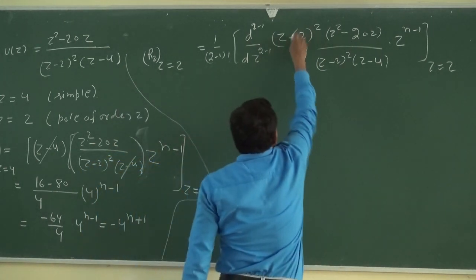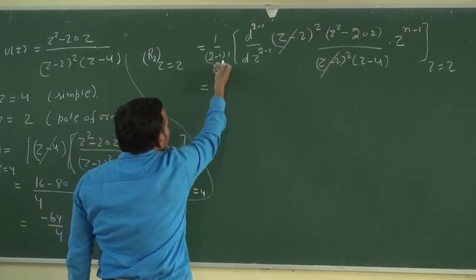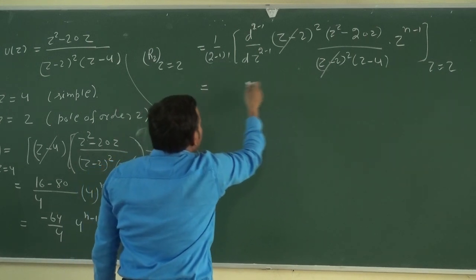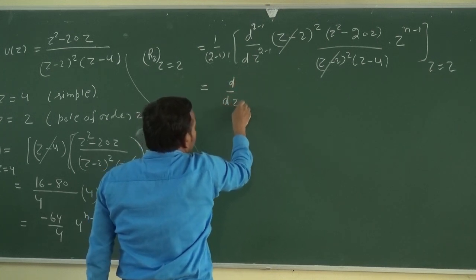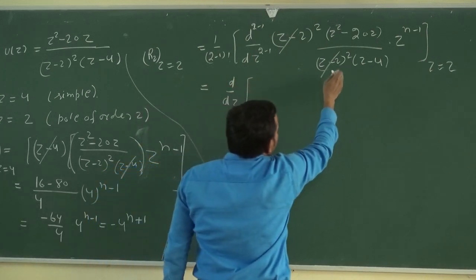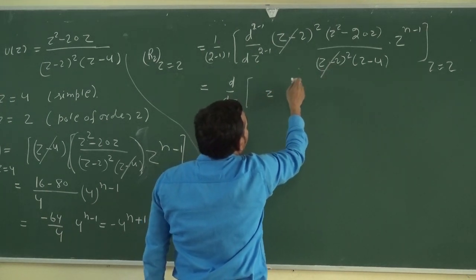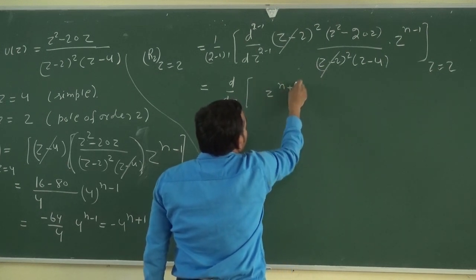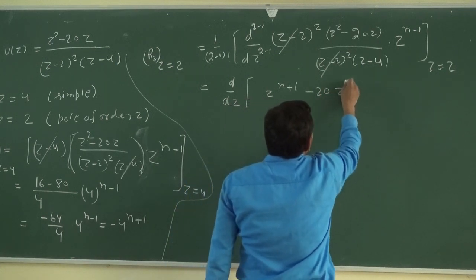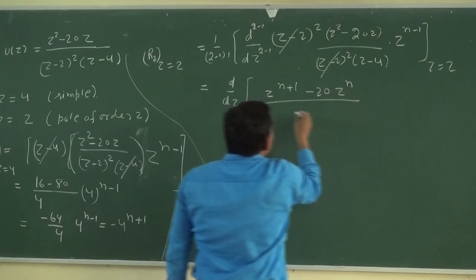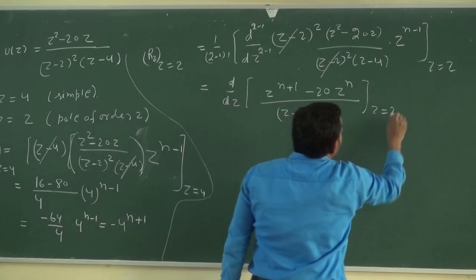So you can say here, simply this cancels out, finally this is 1, and this expression can be written as d upon dz of z to the power n plus 1 minus 20 z to the power n upon z minus 4, at z equal to 2.